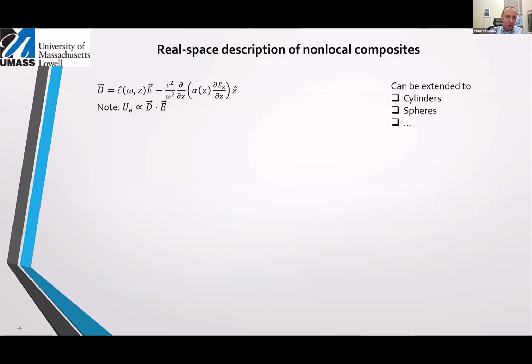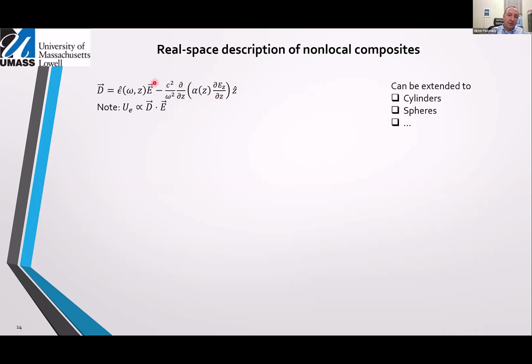So to solve this problem, we propose to look at a composite not as a set of discrete layers, but as a material that has a relatively smooth change in permittivity and non-locality. This is our displacement field in the limit of relatively weak non-local response. Non-locality is here. You can see that this is essentially dependence of the displacement field on the derivatives of the electric field. This has to be a second derivative for inversion-symmetric materials.